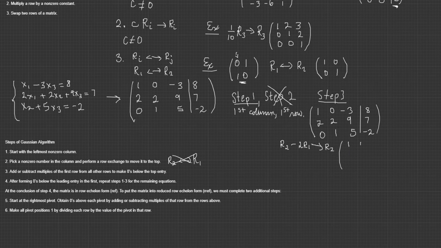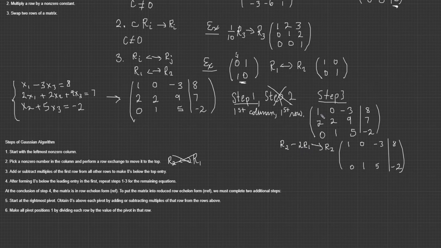At this point, our first row will remain unchanged, as will our third row. And for the second row, we're going to think about 2 minus 1 times 2, because remember, we're looking at 2 times the first row.